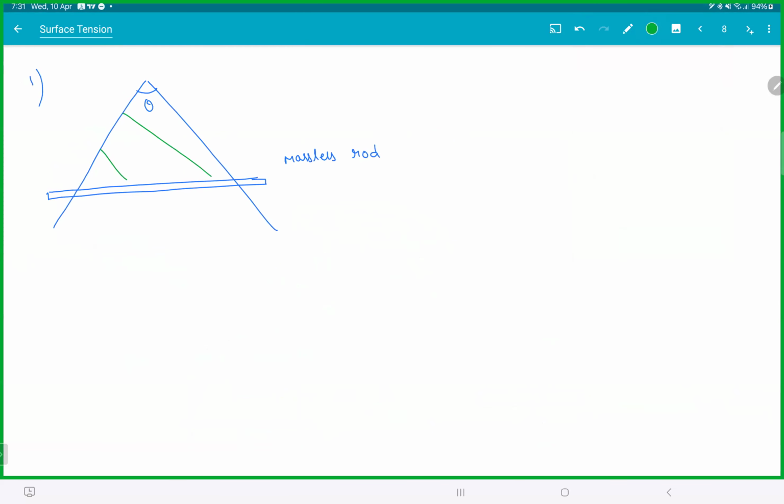And this is a soap film. Surface tension is S. You took a block here, M, and kept it in equilibrium. This is length L. This is also length L. And gravity is present.